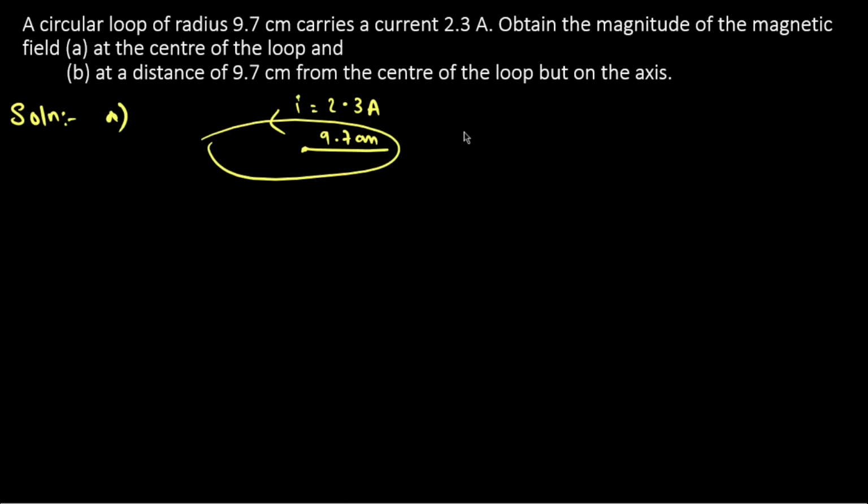Now since this loop has only one turn, n will be 1. Now the magnetic field for a current carrying loop is given to us as mu naught n I upon 2r.